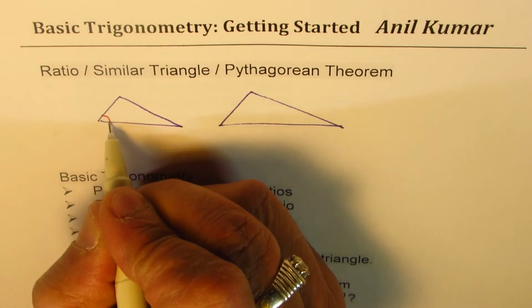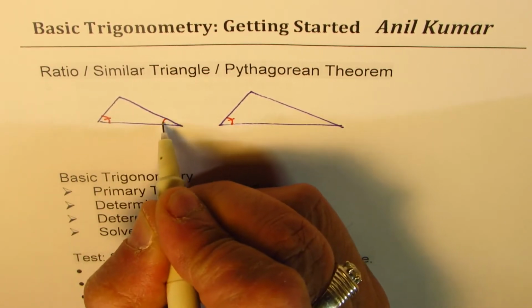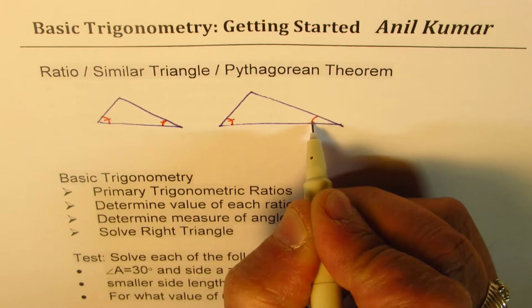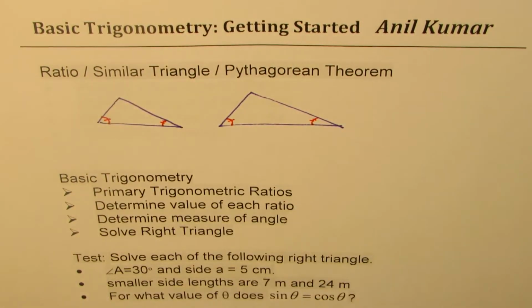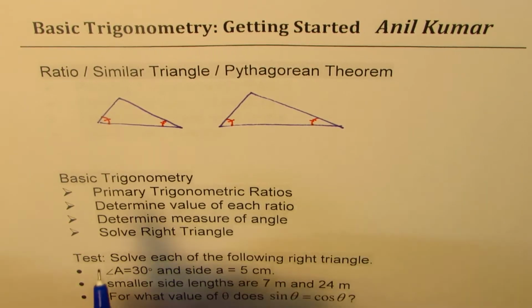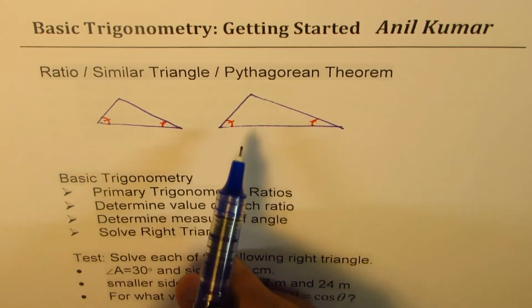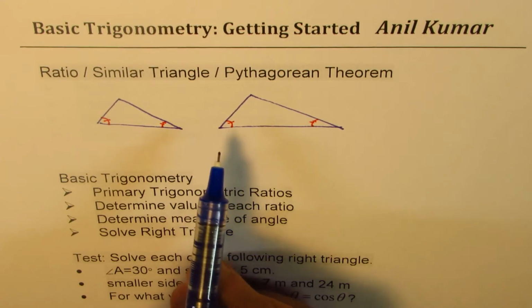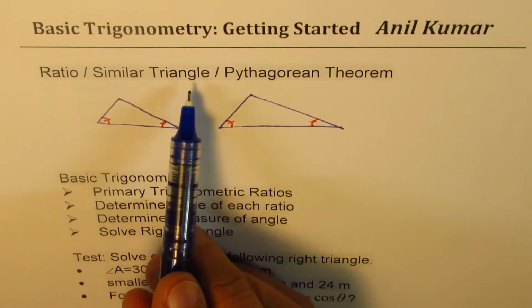That means if I say that these two angles are equal and the second angle is also equal, two equal angles mean similar triangles. Now, a very important property of similar triangles is that their sides are also in fixed ratios, right? So they are proportionate. So that gives you an idea of ratios and similar triangles, correct?